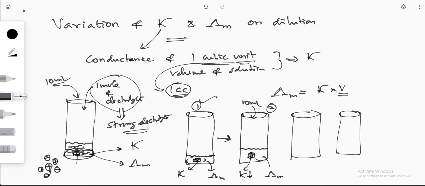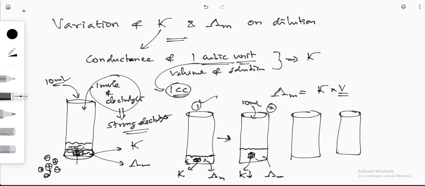If one positive ion moves, the opposite charge ion, negative ion, will pull that. You know very well, if ions move freely, then only you will get high conductance. So in the concentrated solution, we have a lot of ions, no doubt. But since the ions are very close, due to strong attractive force, they cannot move freely.